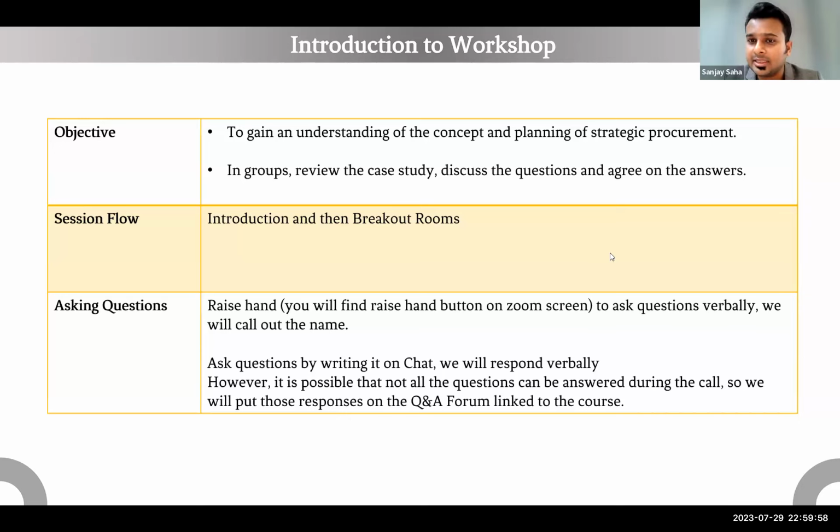Okay, and in this session, we will talk about some of those strategic options, some of those best practices, and then we will end up with a group discussion where we will ask you to design a strategy for a fictional country, so that you understand what kind of issues go into designing a procurement strategy. Okay, so let's begin this session.